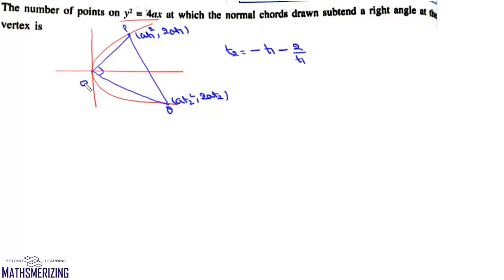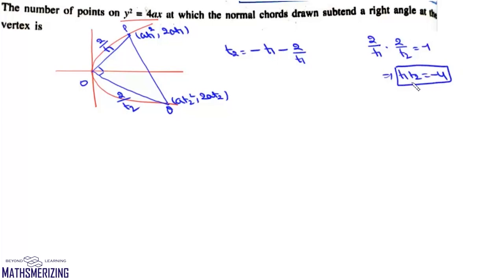Now it also says this chord PQ subtends a right angle at the vertex. So what is the slope of this line? Slope of this line is 2 upon t1, and slope of this line will be 2 upon t2. Since they are perpendicular, we can write 2 upon t1 into 2 upon t2 equals minus 1. So from here the value of t1 into t2 is simply minus 4.